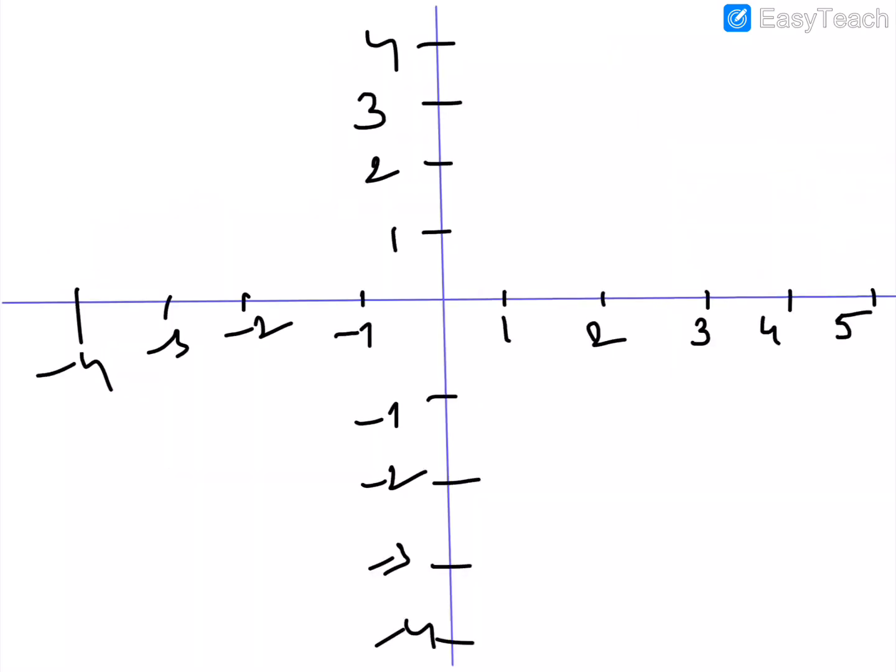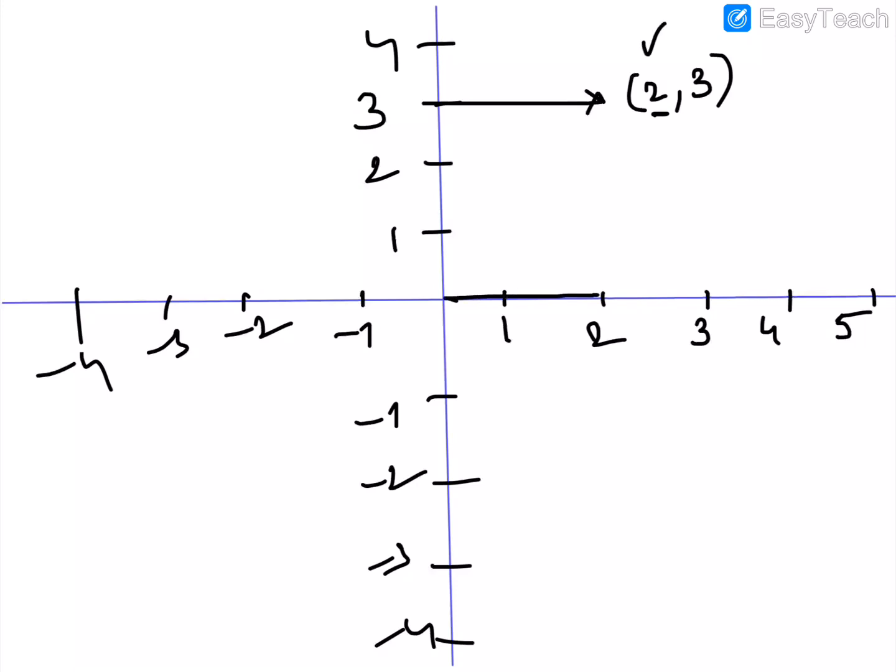Now we will go further. If you see some point, let us suppose 2 comma 3, because it is 2 on x-axis and 3 on y-axis. So what does this x coordinate necessarily represent? It represents the distance from the y-axis, because this distance is 2.